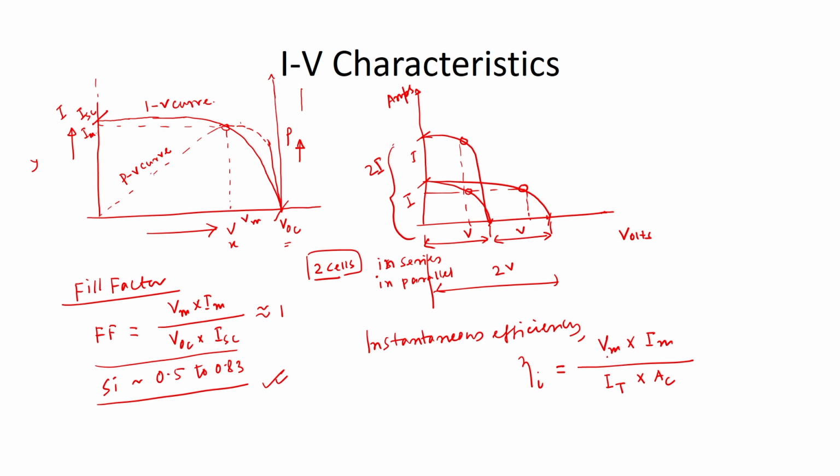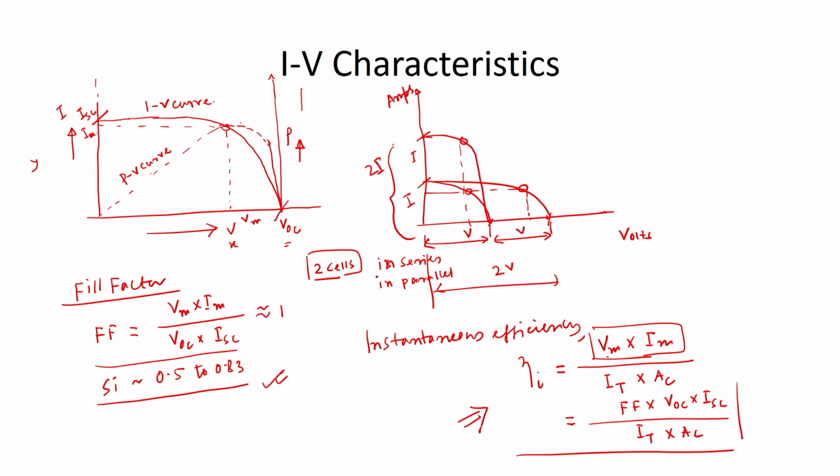And this Vm Im can also be expressed in terms of VOC ISC, right. So, if we write the instantaneous efficiency term in terms of VOC ISC, then it will be something like FF multiplied by VOC multiplied by ISC divided by IT into AC. Okay. So, that is how we can find out the values of instantaneous efficiency, right.